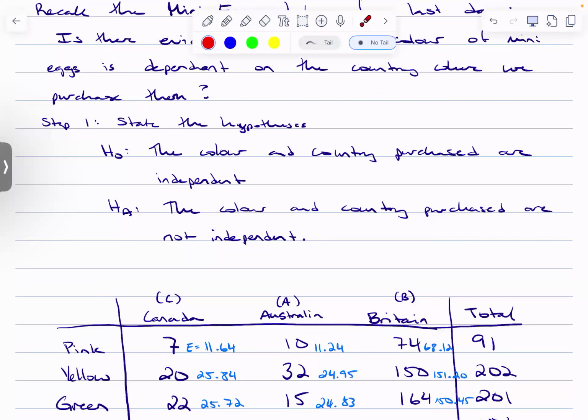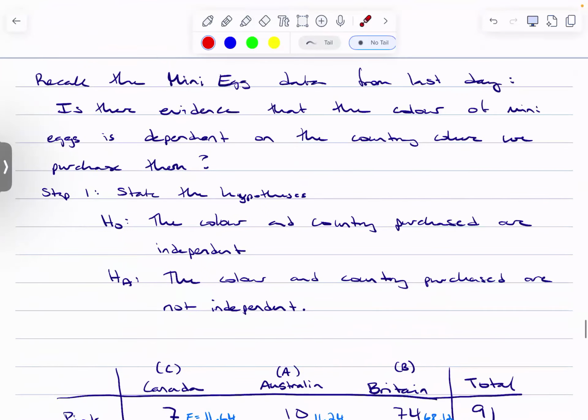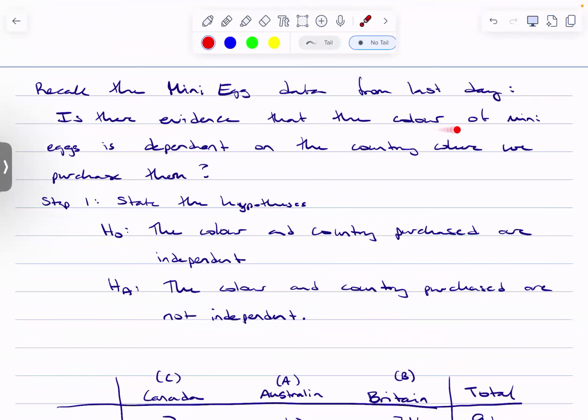The country where you purchased your mini eggs will determine what a reasonable distribution for the colors is. Or is there evidence that the color of mini eggs is dependent on the country where you purchase them? There is evidence that the color of mini eggs is dependent on the country where we purchase them.